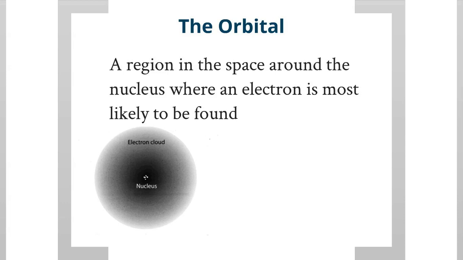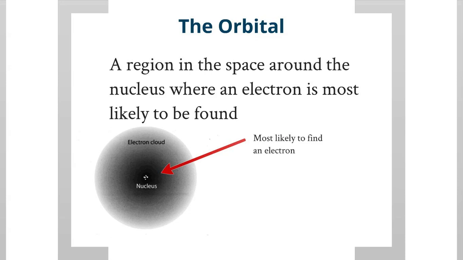And as you get farther and farther away from the nucleus, the cloud gets less and less dark. So it's darker towards the center and lighter towards the edges. Now, the regions where it's darker, you're more likely to find an electron. So in this atom, you're more likely to find an electron close to the nucleus where that cloud is extremely dark.